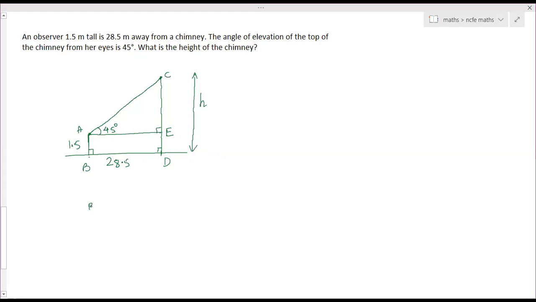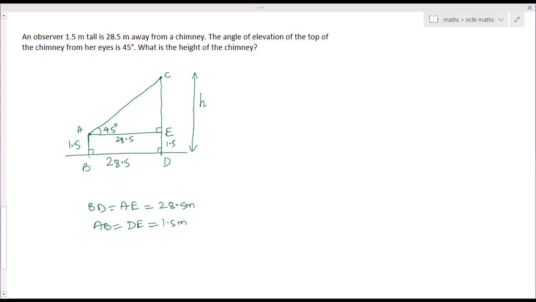So BD is equal to AE, that is 28.5 meters, and AB is equal to DE, that is 1.5 meters. So this is 1.5 meter and this one is 28.5 meter. Triangle CEA is a right triangle.